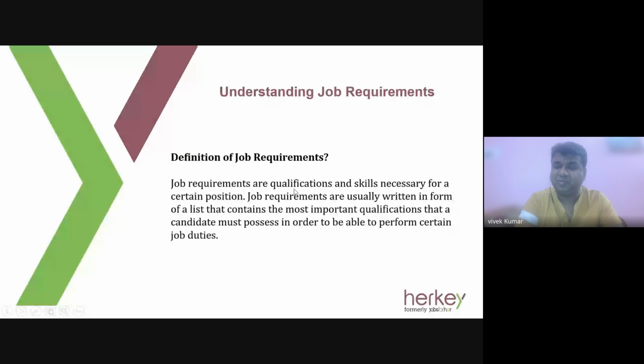So maybe one could be that the person should be a graduate in a certain subject. Then it could be that this person already has a certain number of years of experience in the sales domain. Maybe he should be very good with these languages. So all those qualifications are there.